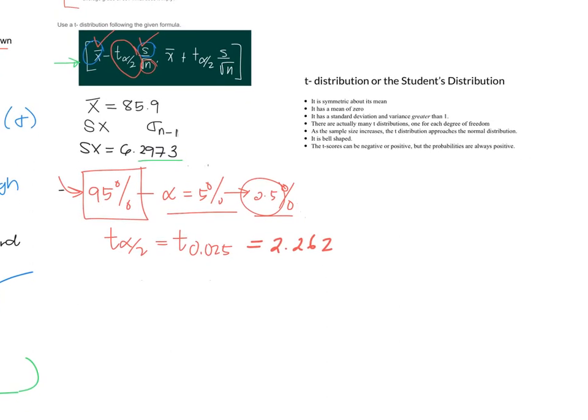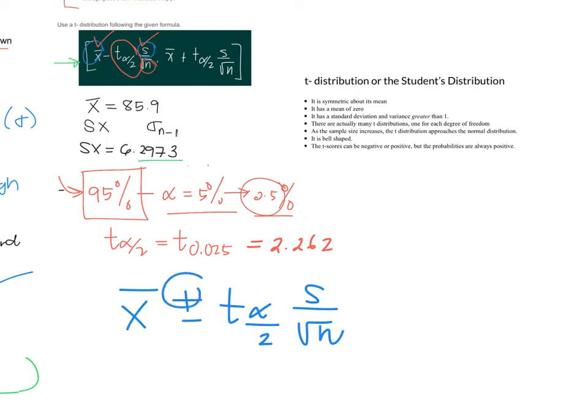Now, just like the formula for the z distribution, we can compress this formula into x bar plus and minus the t of alpha over 2 s over the square root of n, where the plus sign will give us the upper limit and the minus sign will give us the lower limit.